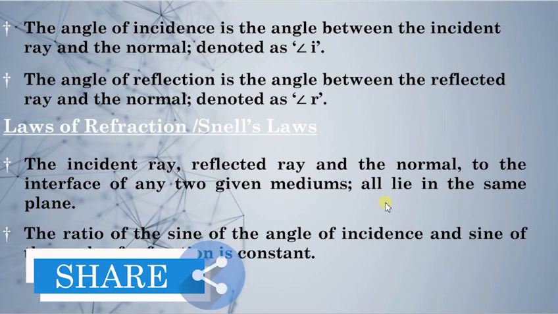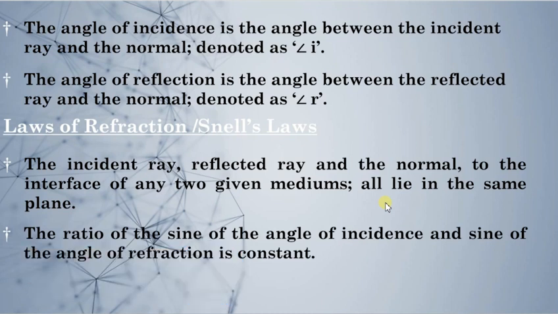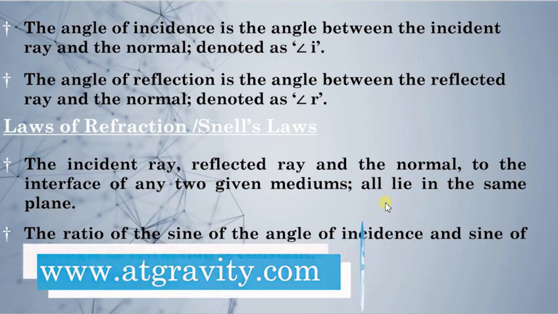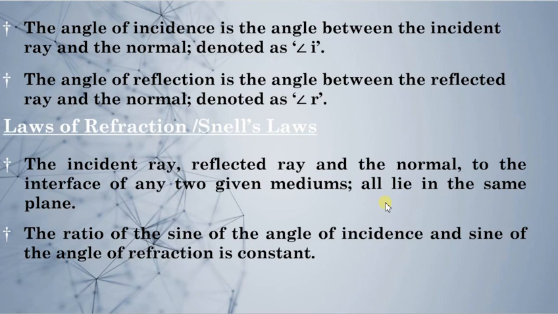The second law states that the ratio of the sine of the angle of incidence and the sine of the angle of refraction is constant. In the earlier case we saw that the angle of incidence is equal to the angle of reflection, but here the ratio of the sine of the angle of incidence to the sine of the angle of refraction is constant, that is n1 sin θ1 = n2 sin θ2.